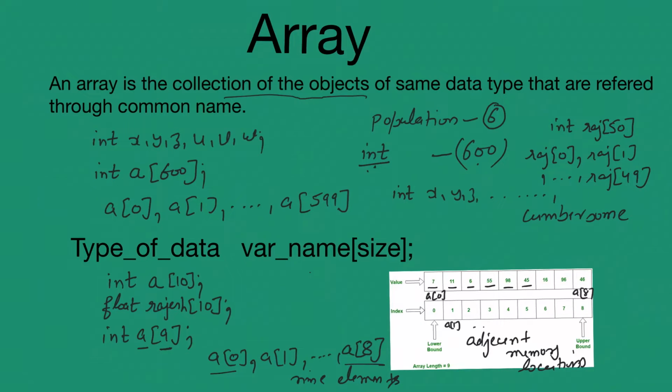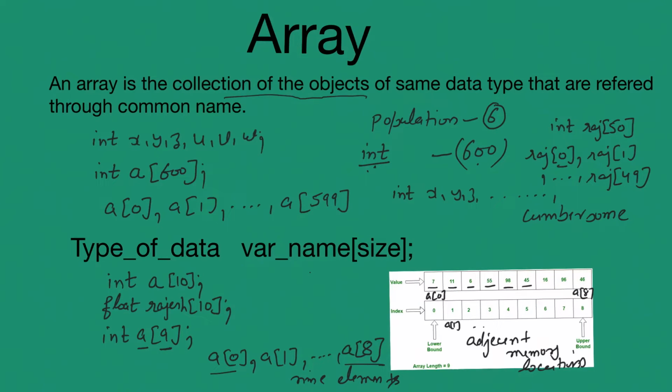So it has 50 elements starting with 0 and ending with 50 minus 1, which is 49. That we must take care of, and that is how the array elements are accessed. In an array you must take care that adjacent memory locations are provided, like these are the adjacent memory locations, and any value can now be stored in these memory locations.